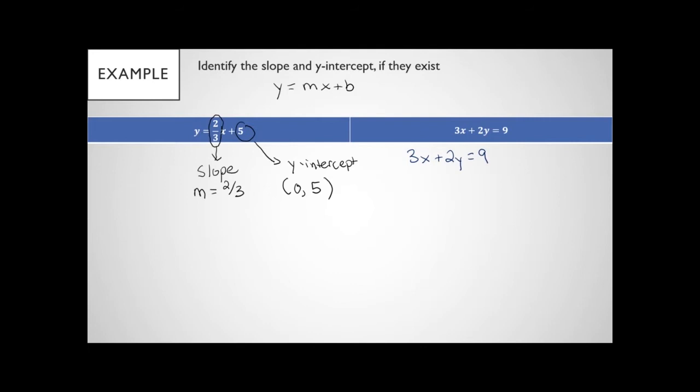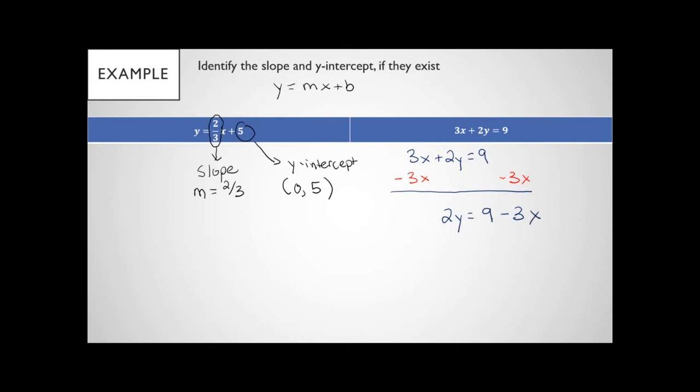When we solve, we want to move the x to the side that's not with the y. So I'm going to subtract 3x from both sides. This gives me 2y equals 9 minus 3x.